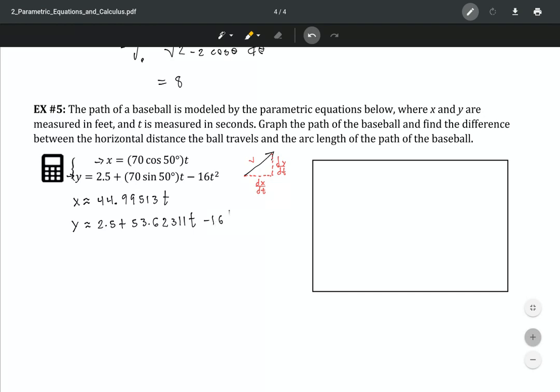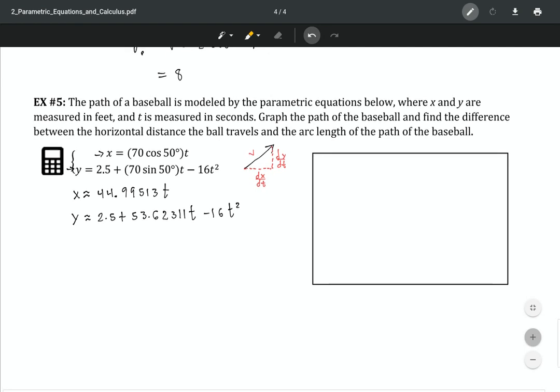And that negative 16t squared is half of the acceleration of gravity. Okay, so here's what it's asking us, though, right? It's asking us to graph the path of the baseball. Now you can put that on the calculator if you want.